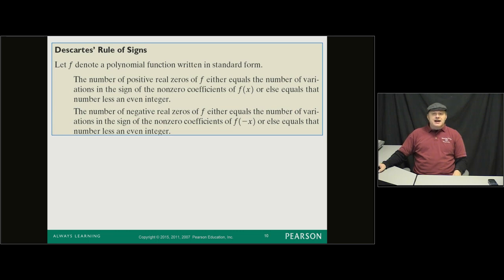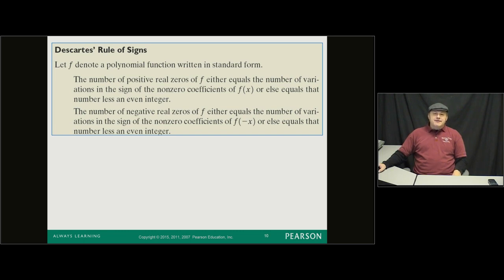You count the number of sign changes from one term to the next. Let's say the number of sign changes was 4. If you went from a plus to a minus, that's a sign change. Or from a minus to a plus, that's a sign change. But if you go from a minus to a minus, it's not a sign change. If you go to a plus from a plus, that's not a sign change.